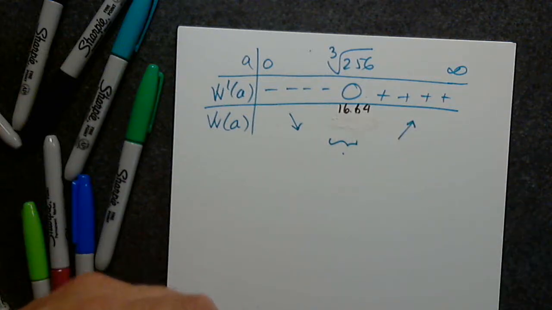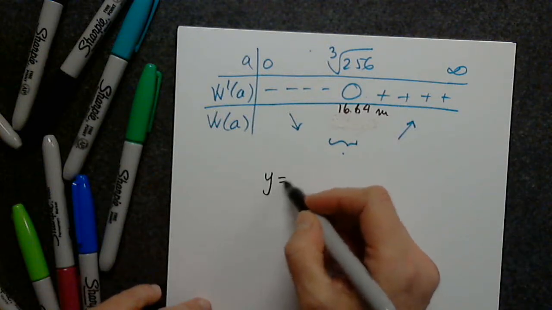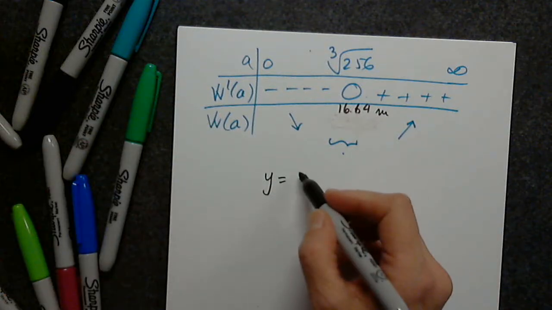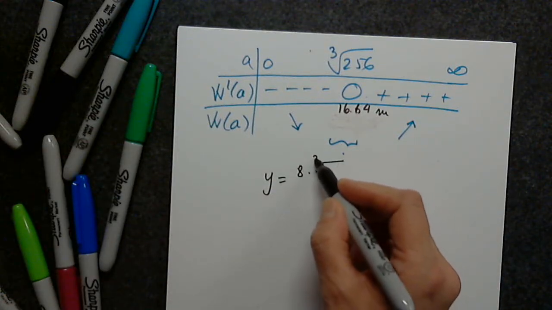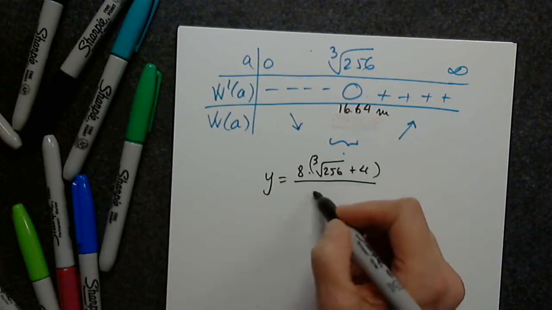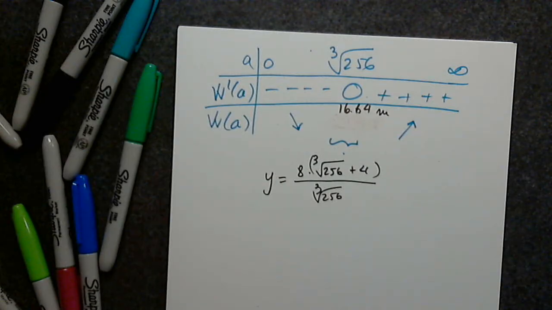So here's how we check. We have y, so this is in meters. So we have y that we determined a while back. It was 8 times the cube root of 256 plus 4 over the cube root of 256. We will determine y, and we will use the Pythagorean theorem to check.